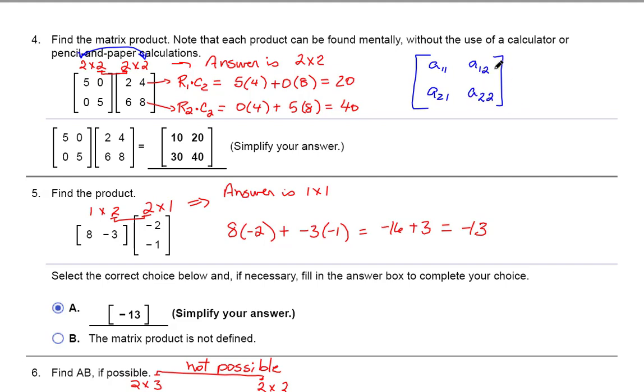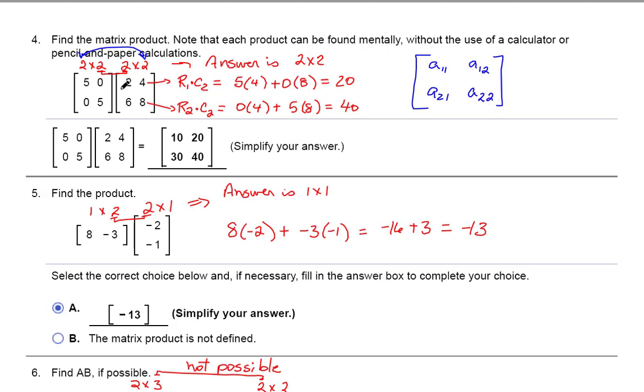Now, how do we get the answers? Well, let's see. The answer, A11, involves row 1 of the first one times column 1 of the second one. A12, first row times the second column. Second row, first column. Second row, second column.